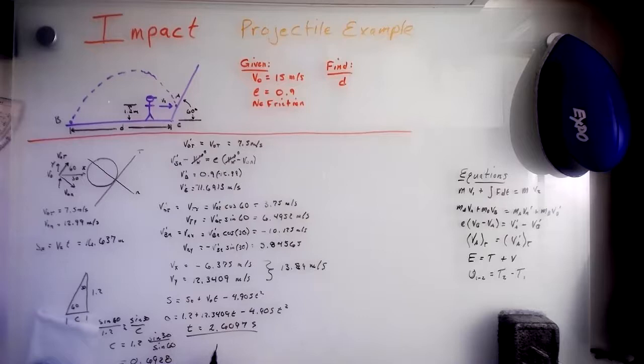Okay, so D is equal to this 16.637 minus this 0.6928, and that is 15.94. Okay, and so we'll say D equals, there we go.